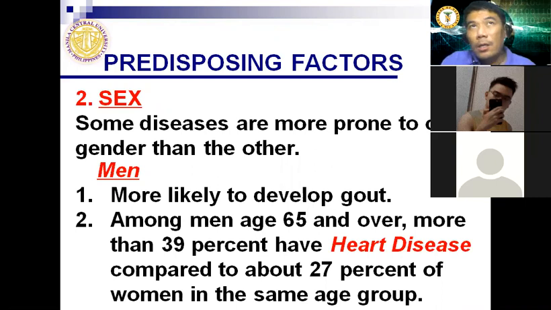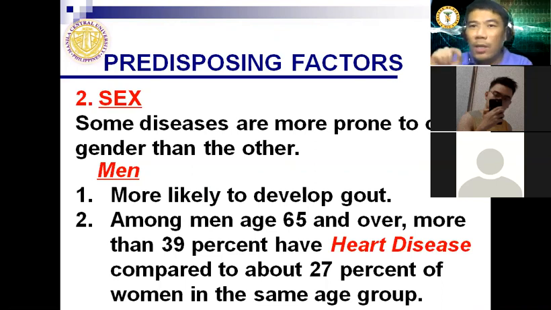Gout is a disorder, a problem with arthritis. Itis means inflammation, arthritis of the joint. And the cause of the inflammation of the joint is brought about by an increased level of uric acid. So based on scientific findings, males are more likely to develop this problem with uric acid.